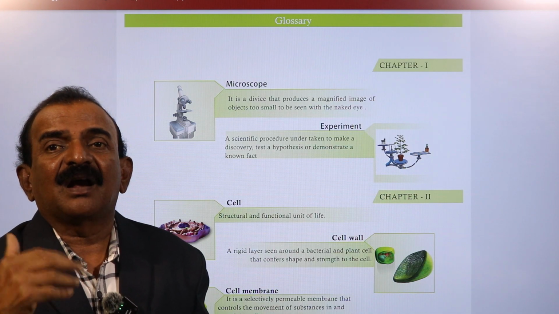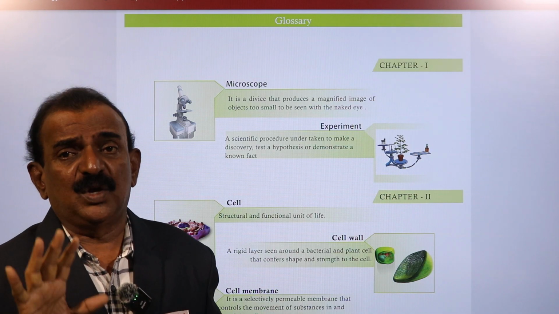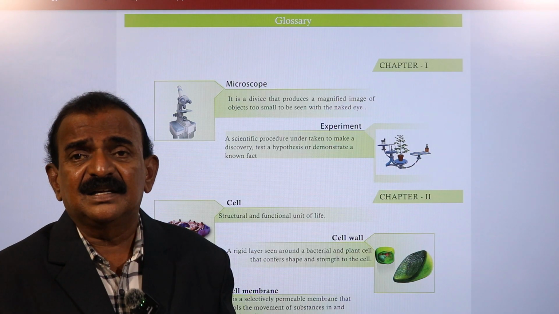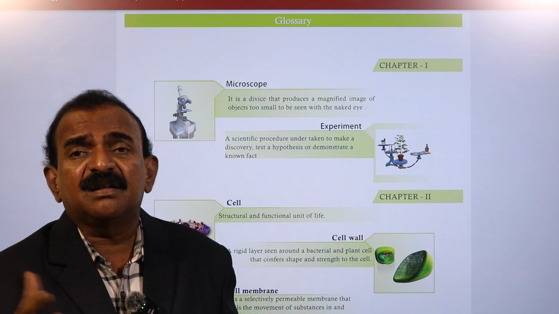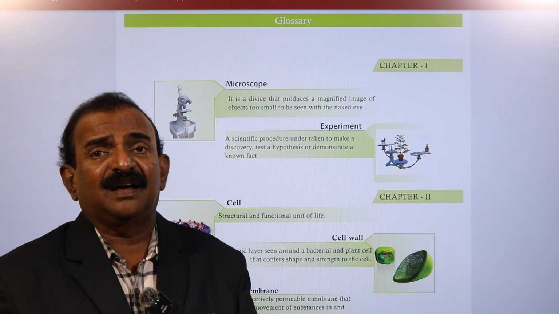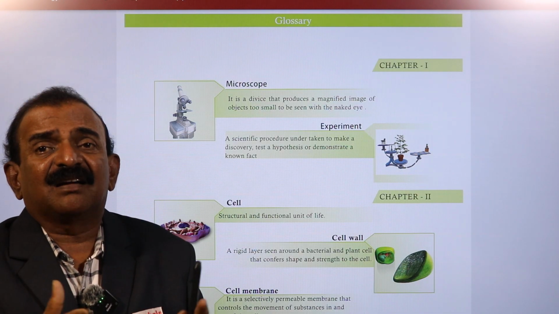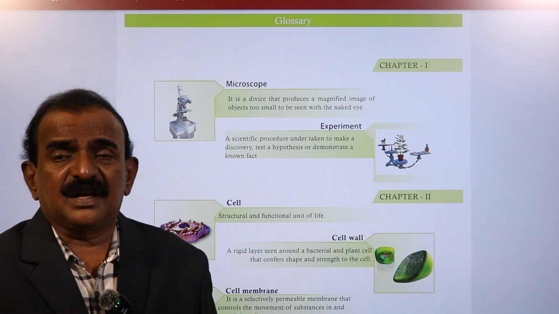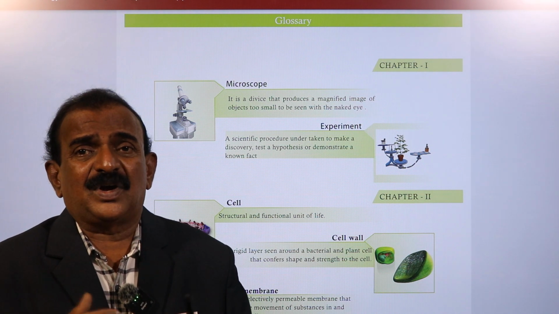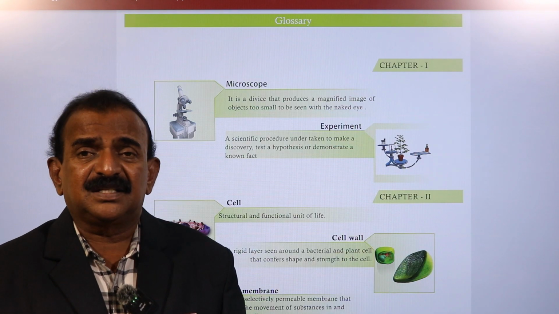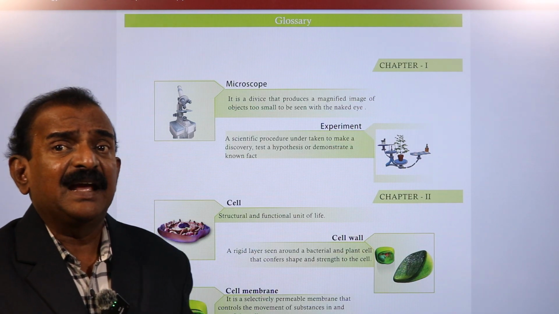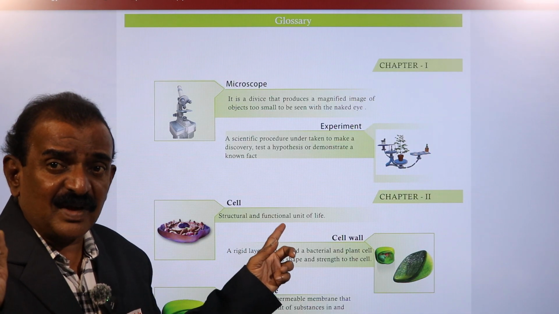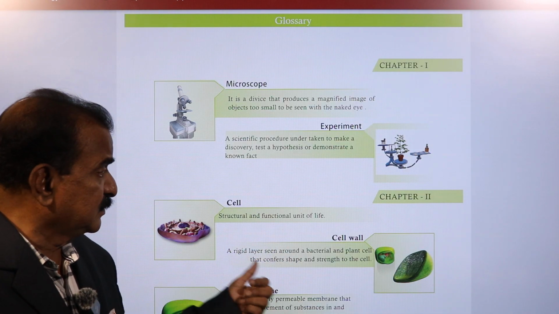Some are microbes with only one cell, unicellular, having all the cell organelles, while multicellular organisms have many cells. Cells organize to form tissues, tissues form organs, organs form organ systems, and organ systems form an organism. So the structural and functional unit of life is called a cell.